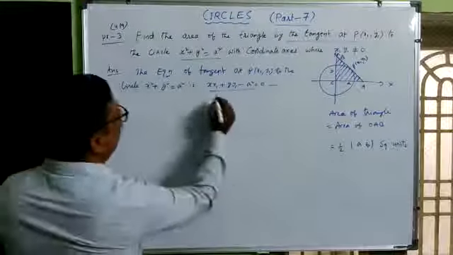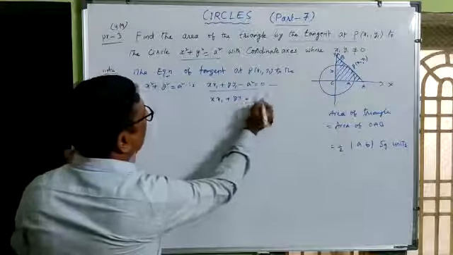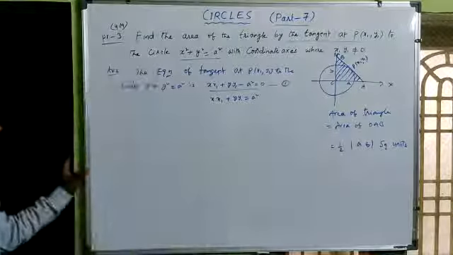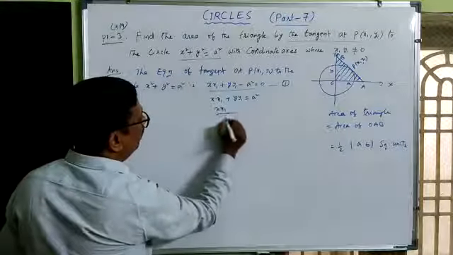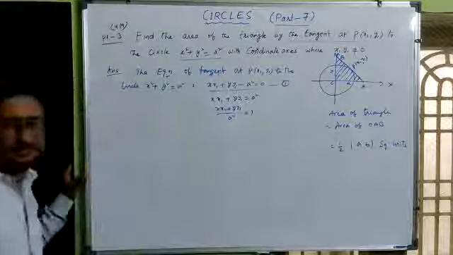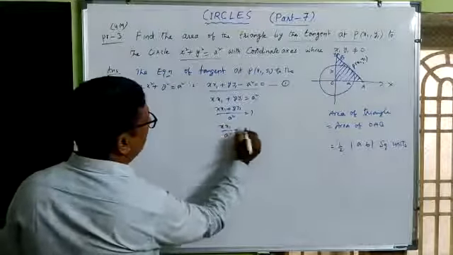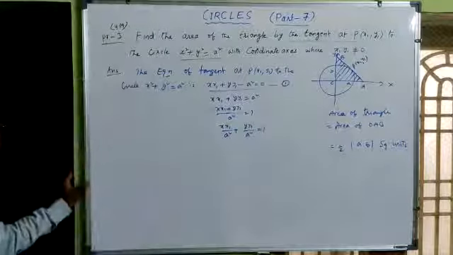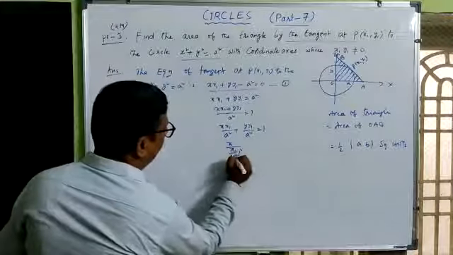Now from this, xx1 plus yy1 is equal to a square. Call this equation number 1. So a square goes to the other side. Now xx1 plus yy1 by a square is equal to 1. Now separate it: xx1 by a square plus yy1 by a square is equal to 1.